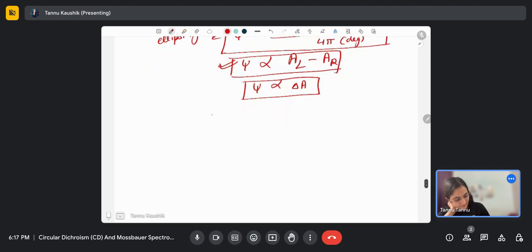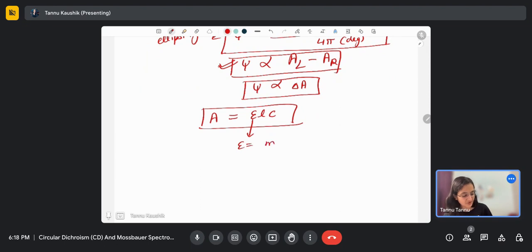So, for example, the formula for absorbance according to Beer Lambert's law is A equal to epsilon LC, where epsilon is molar extinction coefficient, L is the path length, and C is the concentration of the sample.